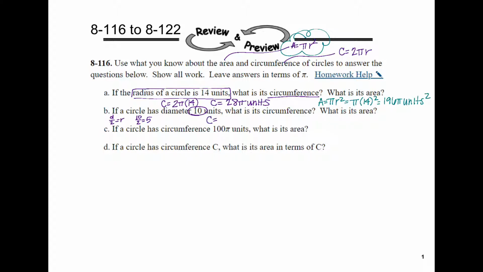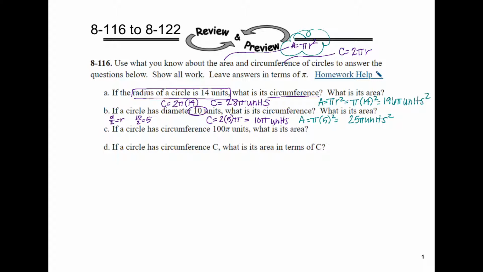My circumference would be 2 times the radius times pi, which is 10 pi. My area would be pi times the radius squared, so 25 pi units squared. Don't forget your units on circumference as well.